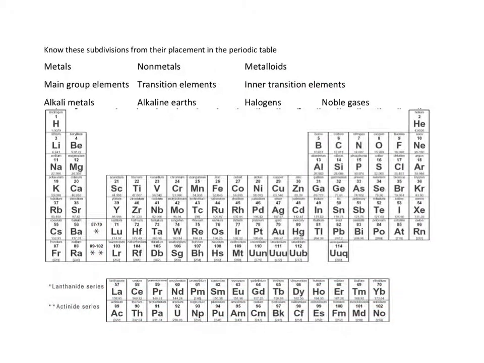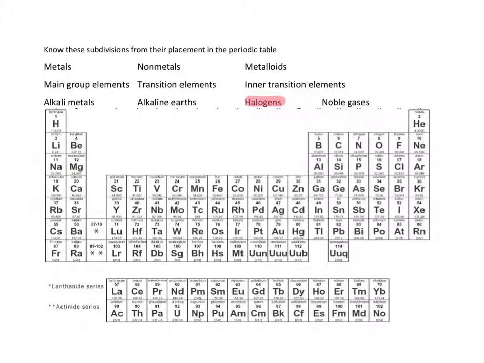The special groups that I expect you to know are the alkali metals, column 1 of the periodic table except for hydrogen. The alkaline earths, column 2 of the periodic table.